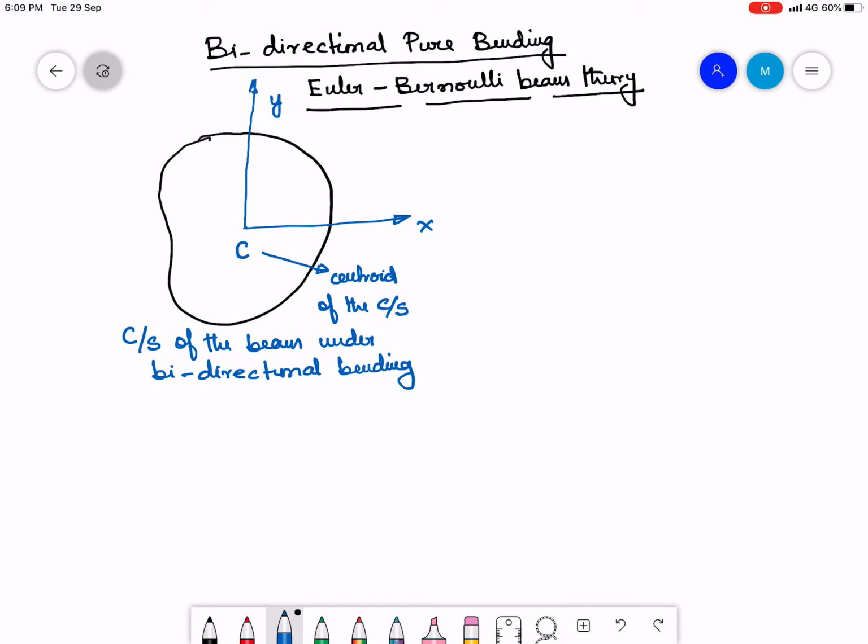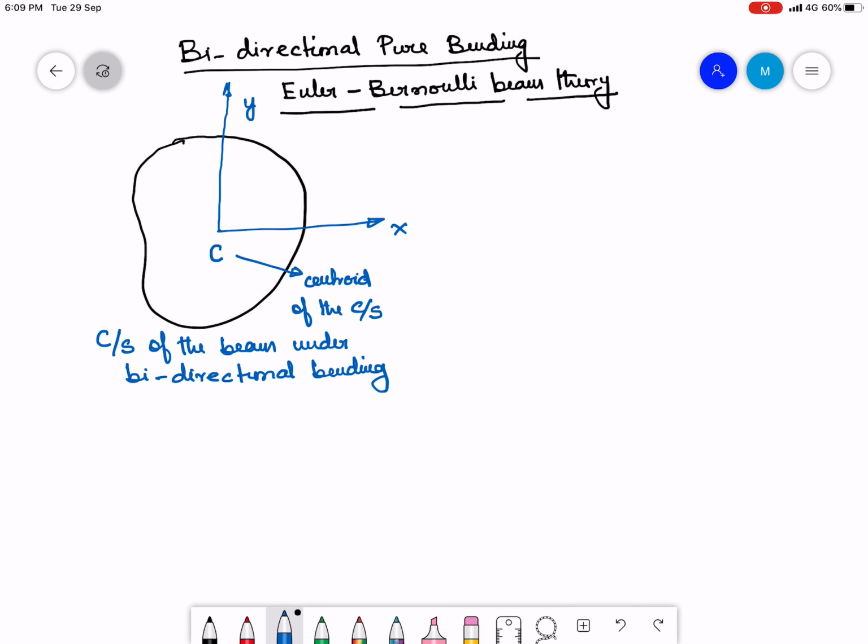Okay, now, since it is bidirectional, the bending moment will be applied about both the axes. So let us draw the bending moment. So one is mx and the other is my.